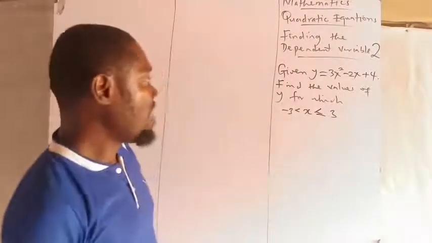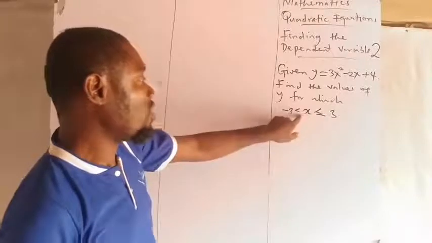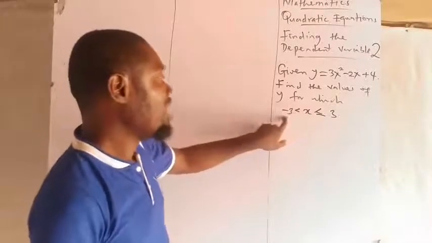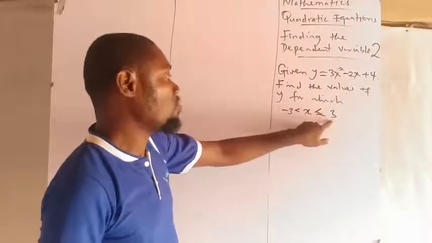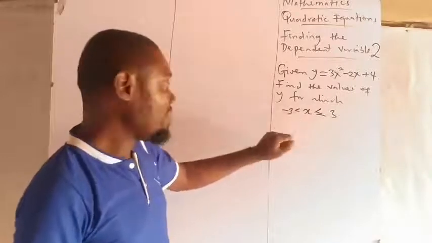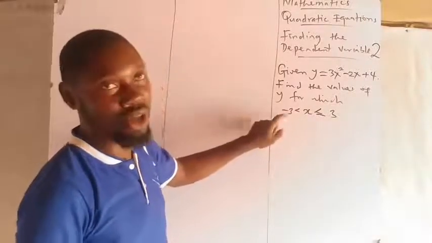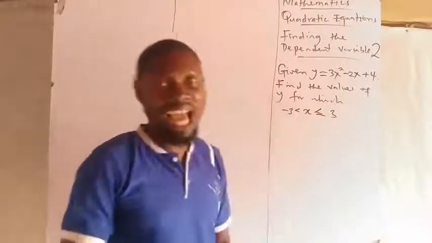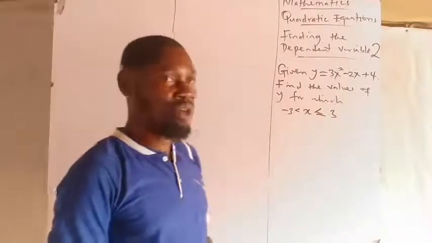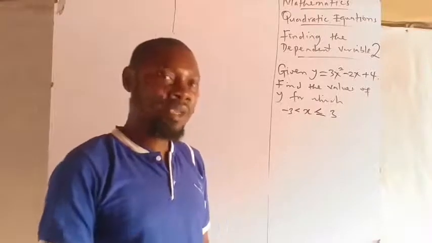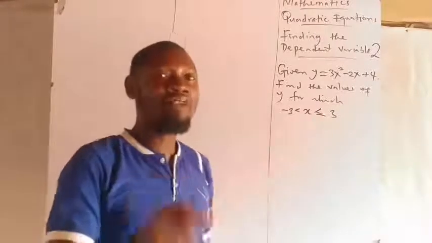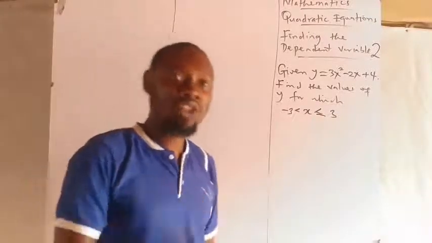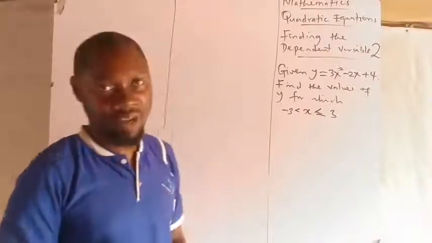But if what you have in your equation is this, the range of x for which x is greater than minus 3 and less than or equal to 3, it means that this part is not inclusive. The minus 3 is not inclusive because I said x is greater than minus 3. And if x is greater than minus 3, it means that x will start from minus 2, because minus 2 is greater than minus 3.